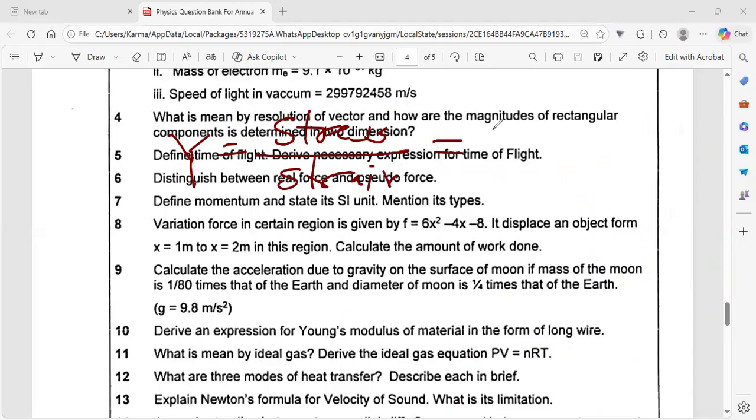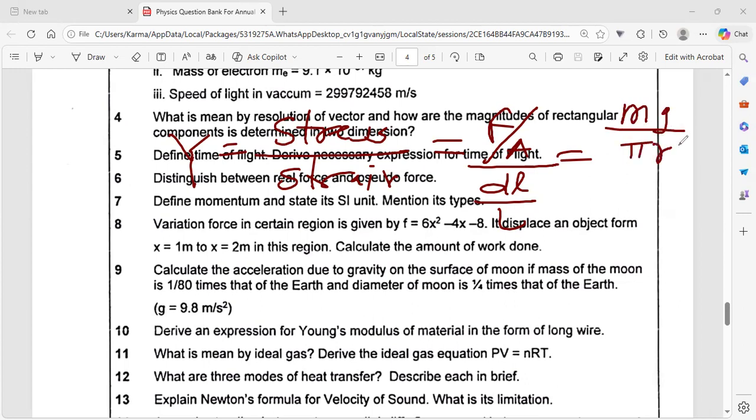Stress is the force upon area, and strain is dl upon L. So it is mg upon pi r square divided by small l over capital L. That will be mgL divided by pi r square l.